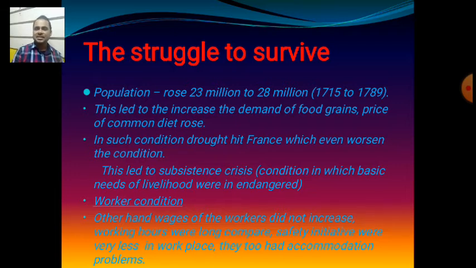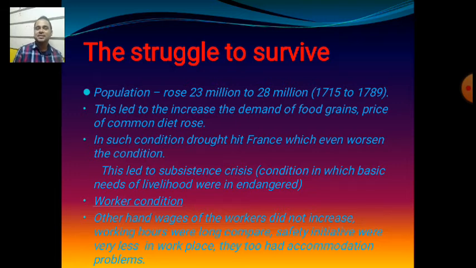Now, there is a growth in population on one side. This population growth also increases the demand for food grains.